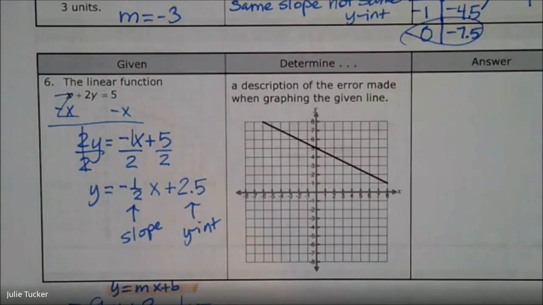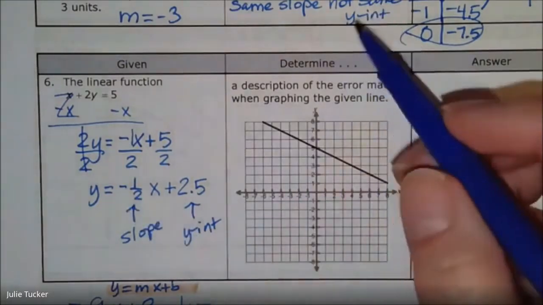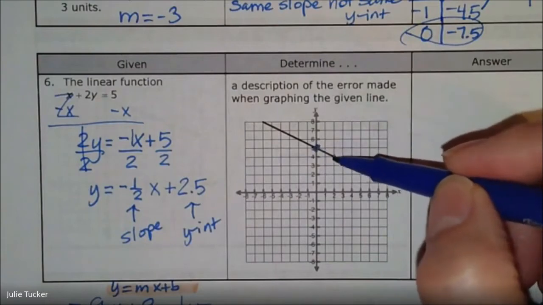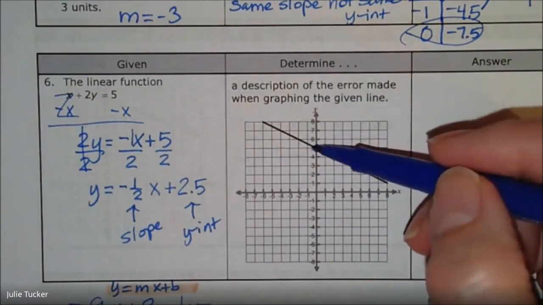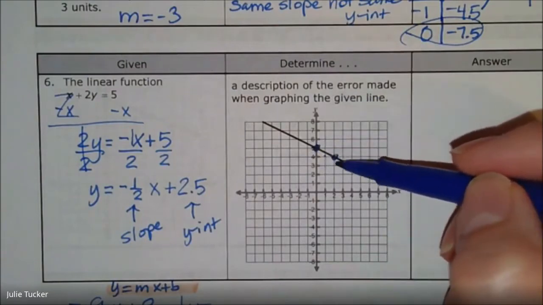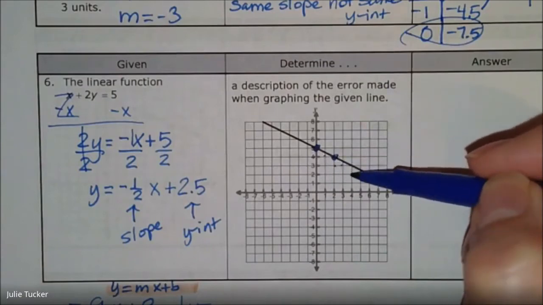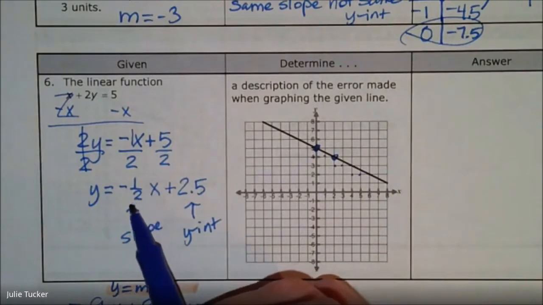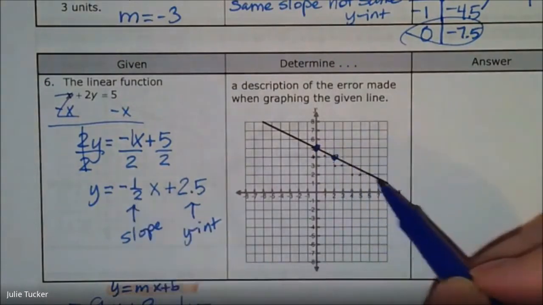So they're asking the question, what is wrong with this graph? Well, there's a lot wrong with this graph. Actually, it's not too bad. All right, so let's check the slope. Here's their y-intercept, and here's the next point. So aren't they going down 1/2, down 1/2, down 1/2? So that's good. For -1/2, that's right. That's a -1/2 slope.